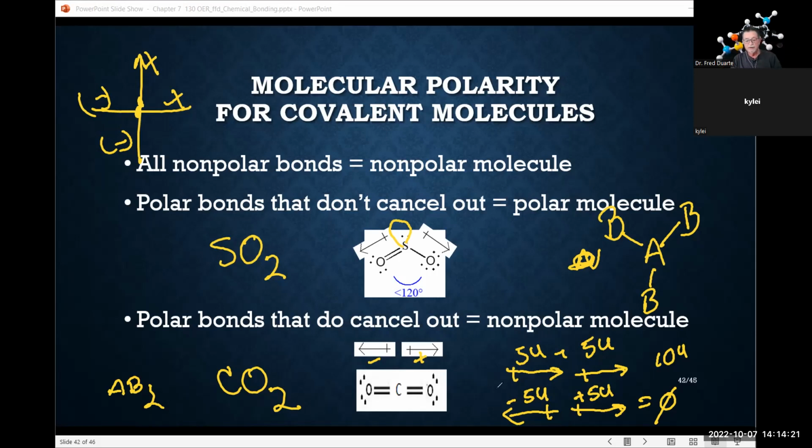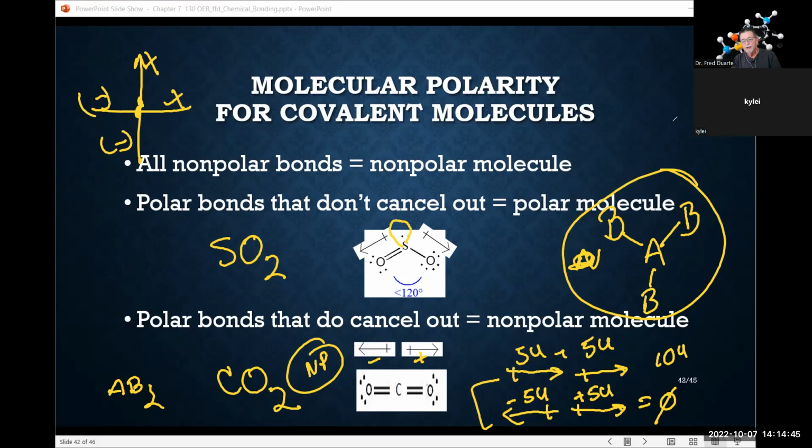What results is just like this scenario, this carbon dioxide is nonpolar because the polar bonds cancel each other out, okay? And if this was this trigonal planar configuration, and these were polar bonds in this scenario right here, they too will cancel.